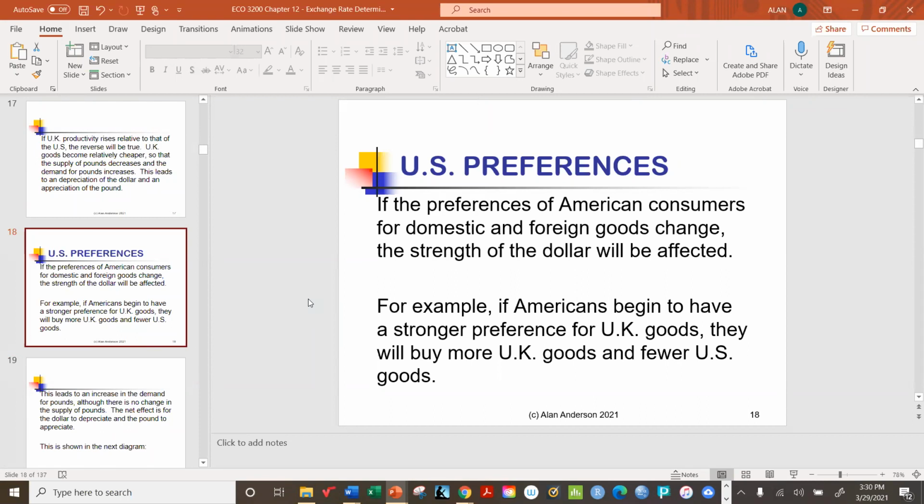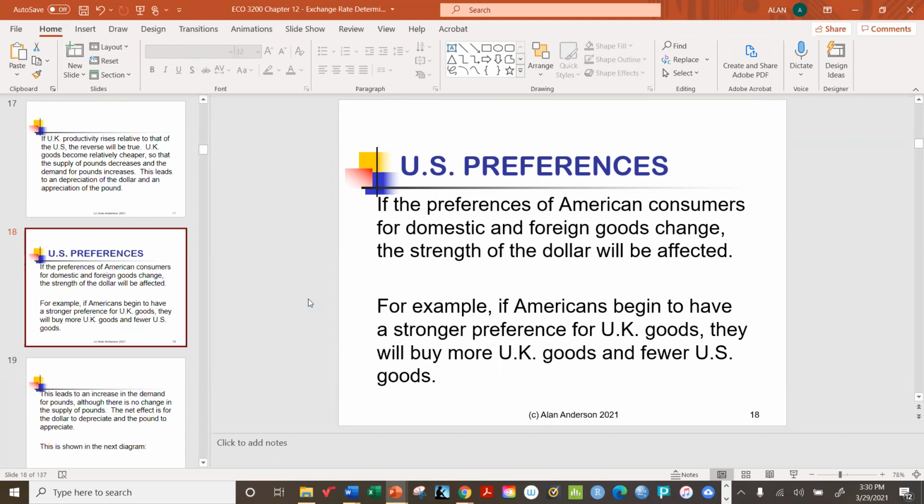So, in other words, if Americans suddenly want to buy more British goods for whatever reason, then they will buy more UK goods, which means that they'll buy fewer US goods. Now, this does not influence the quantity of US goods that the British want to buy. This only affects the US demand for pounds.